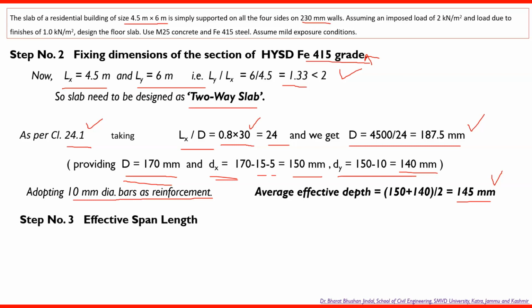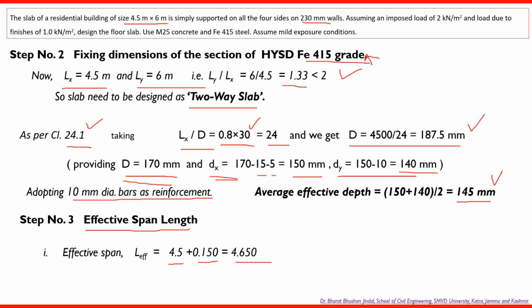Now after that we can go through step number 3. Here we will be doing the calculation regarding effective span length. The very first point is that effective span length can be calculated as the clear span between the two supports along the shorter direction plus the effective depth of the slab, which we have taken as 150.